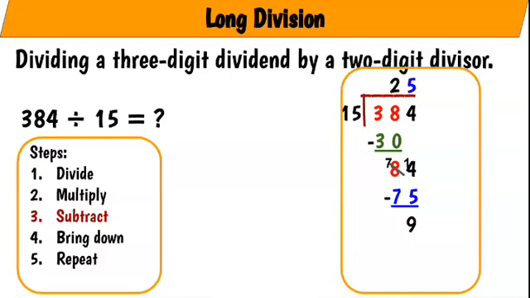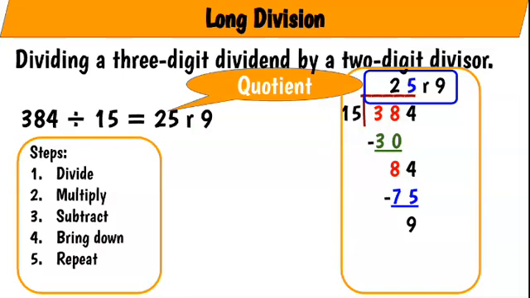So that's the end of solving our problem. So we have our 25. So we can get 25 groups of 15 from 384 with our remainder of 9. So that's the end of our sum. And here we have our quotient 25, remainder 9.